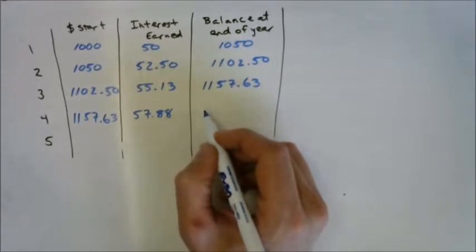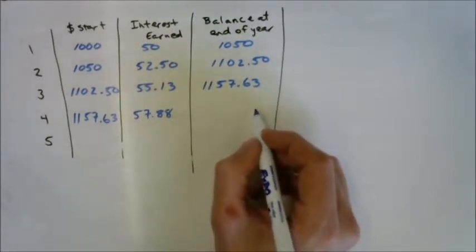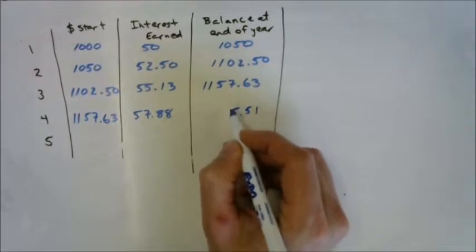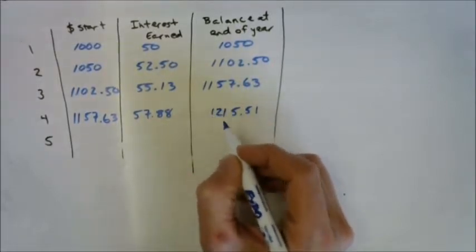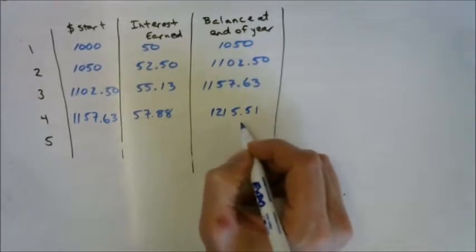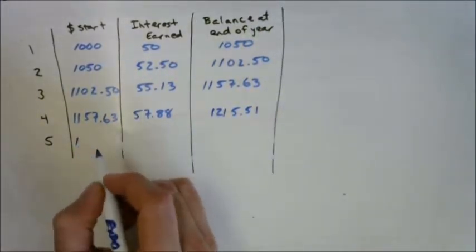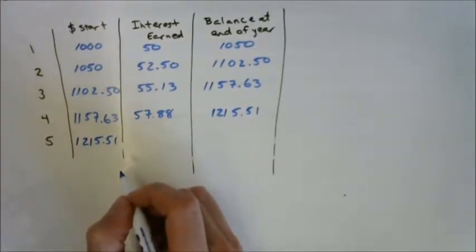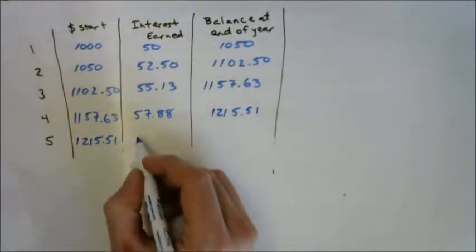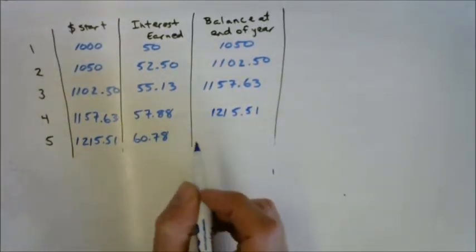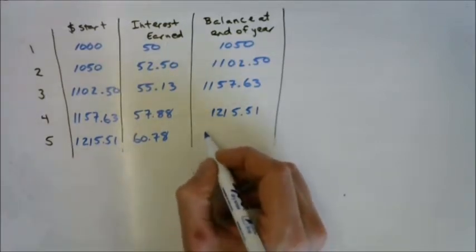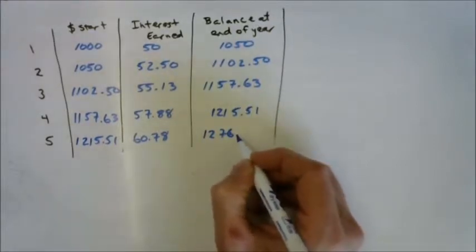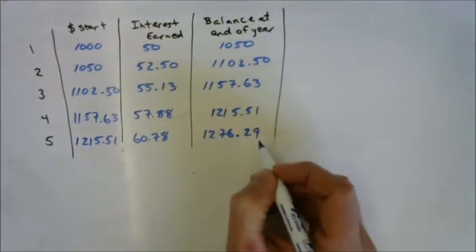And we add that to our 1157.63. $1,215.51, I think. 5% of that. 60.78.